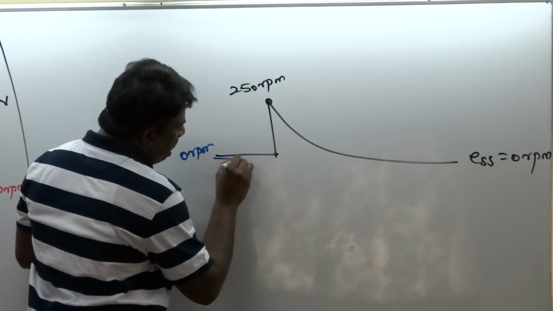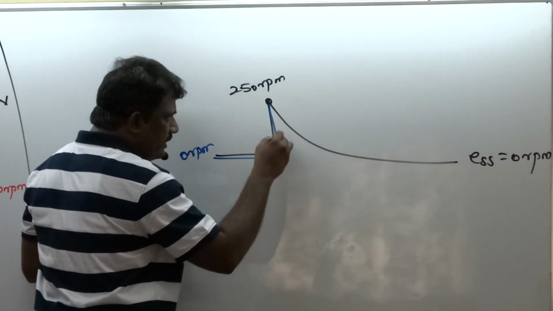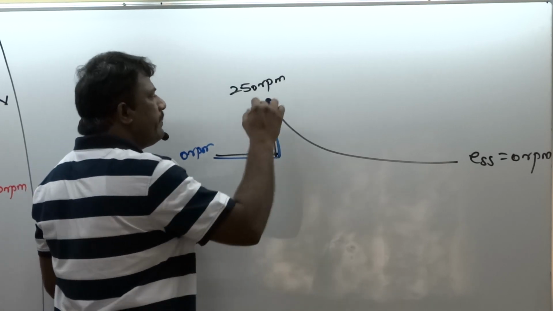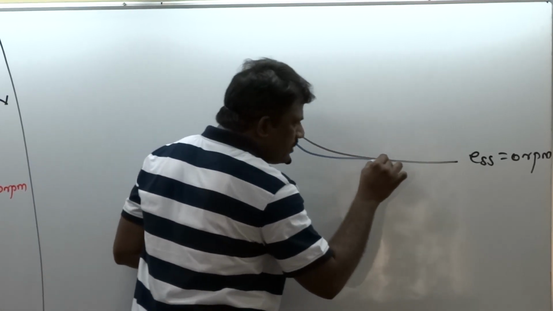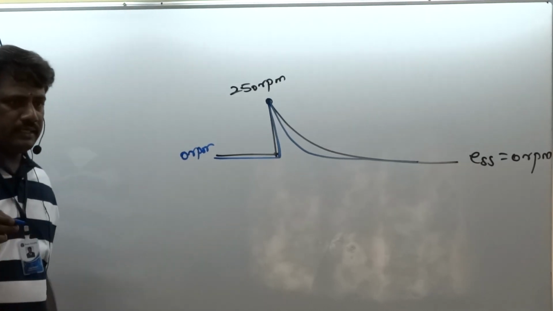Then for a different value of tau I, again the error will begin with the same 250 RPM and then reach 0 quickly.